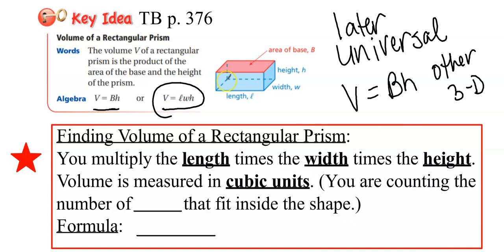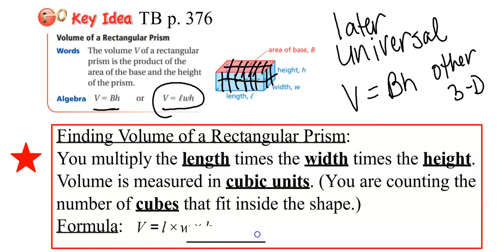Because if you could cut this into the little 3-dimensional pieces, you would be counting the number of cubes that it takes to fill the inside of this box, right? And I made it by 2, so I'm going to kind of do that. So we would be counting the cubes inside. It's cubic units. You are literally counting the number of cubes that fit inside the shape.